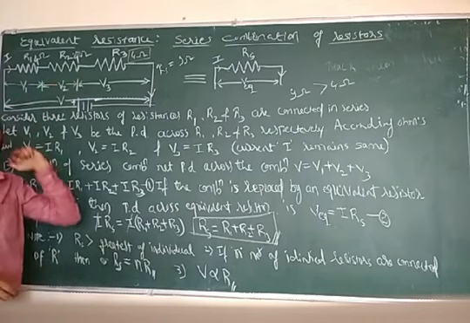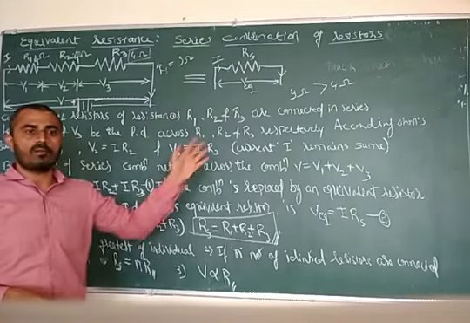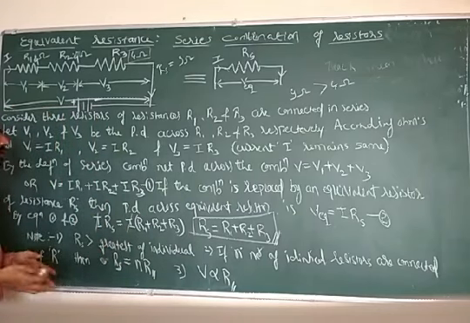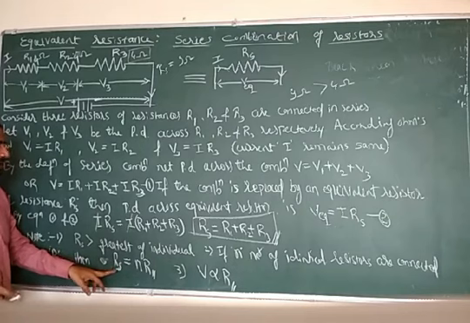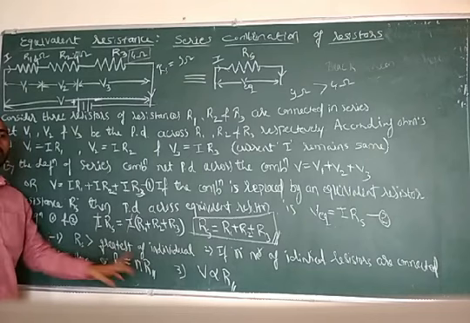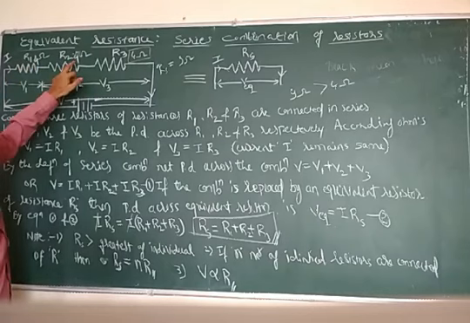If you connect n such resistors one after the other in series, then their equivalent resistance is simply Rs is equal to n into R.